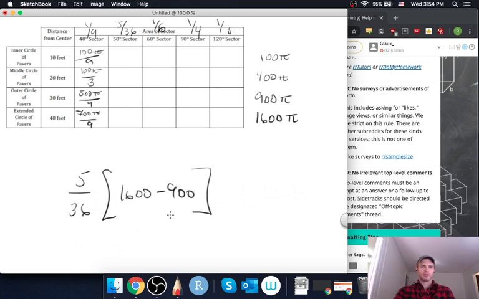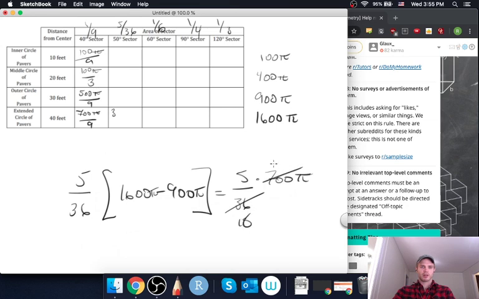This is 700 times 5, which is 3,500. Actually, we've got some factors we can cancel. Both of these have pi's in them, so this is 5 over 36 times 700 pi.